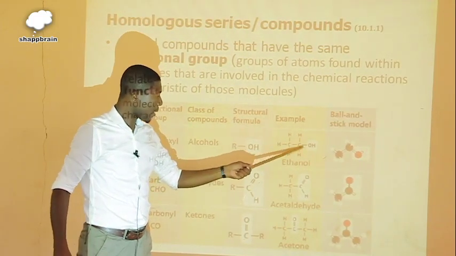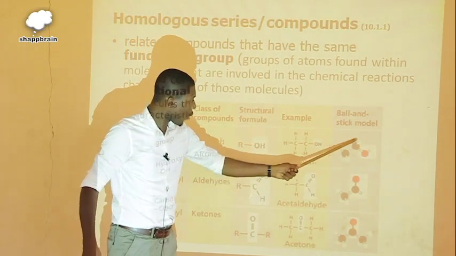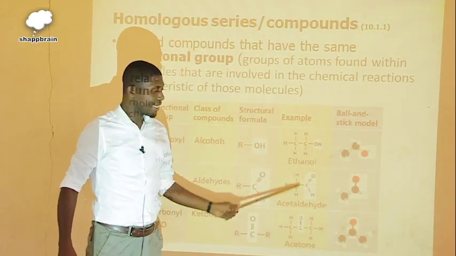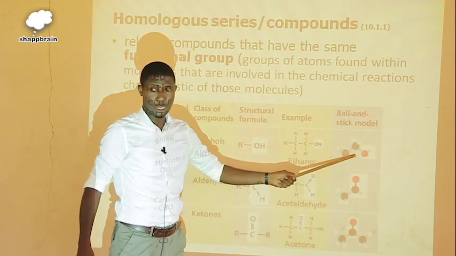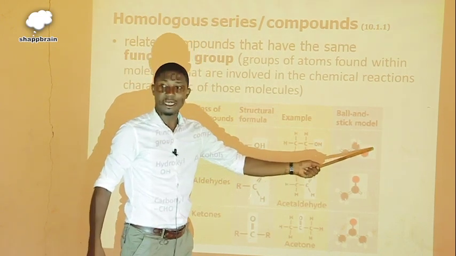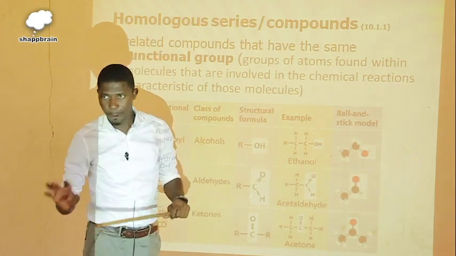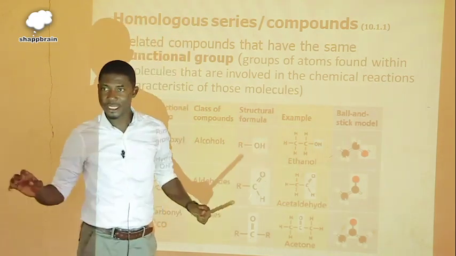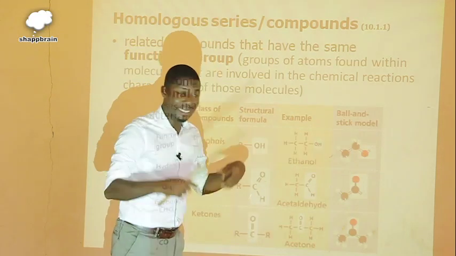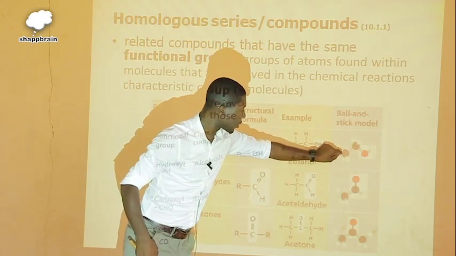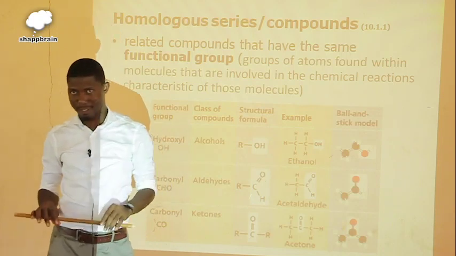Then the second part has a carbon with 2 hydrogens: the second black ball is the second carbon with 2 white balls attached. Then the red ball represents the oxygen that is directly bonded to the carbon, and then you have the H, the white ball. So by representation, the black balls represent carbon, the white balls represent hydrogen, and the red ball represents oxygen. This is what we mean by the ball. Then the stick is the line, the connecting parts of the diagram. That's why we call it the ball and stick model.